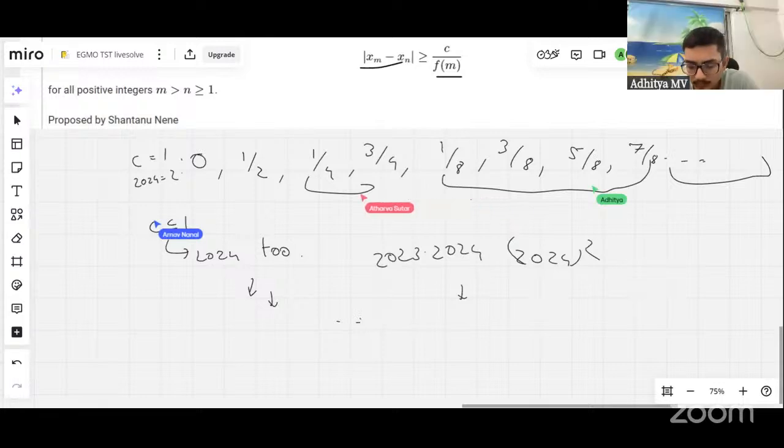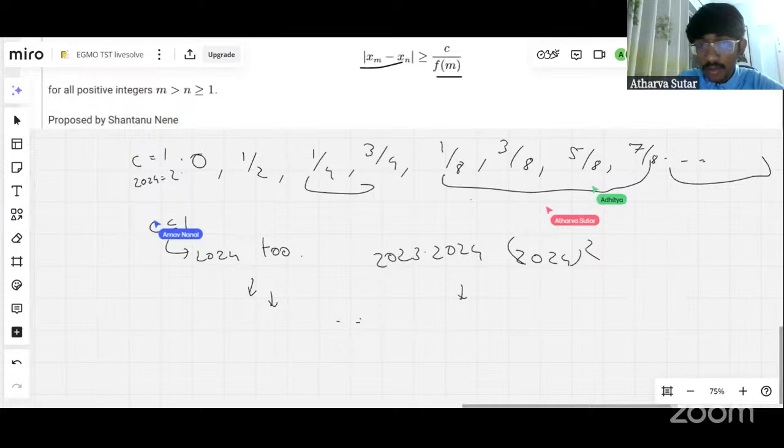Maybe we want a similar gap kind of method to prove it for greater than 1.